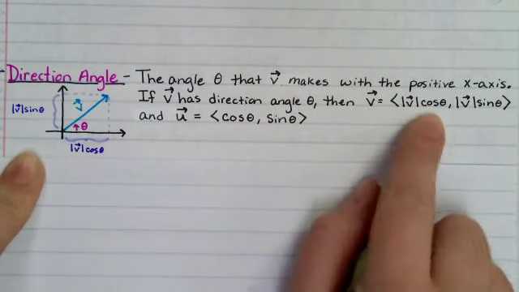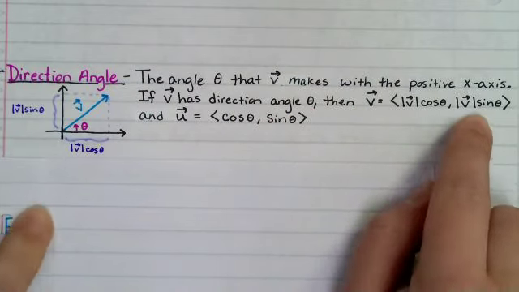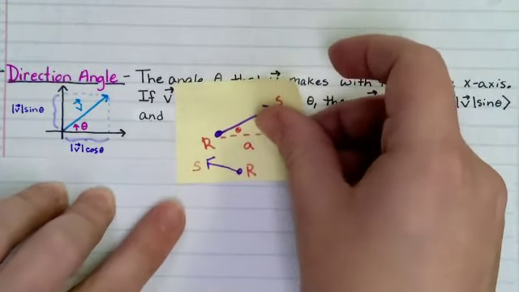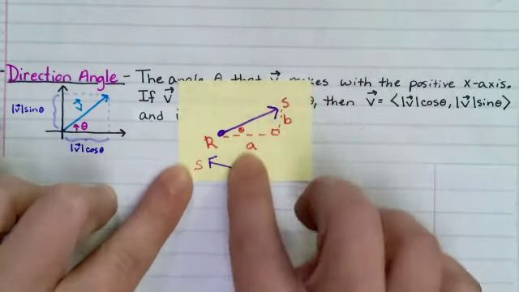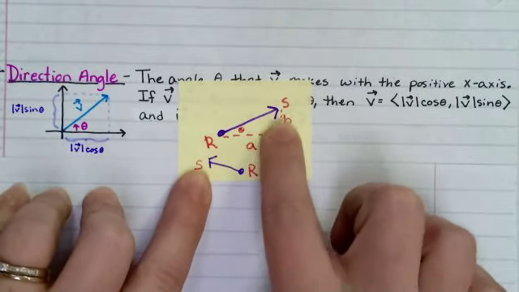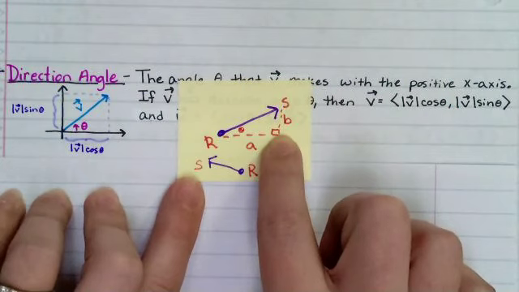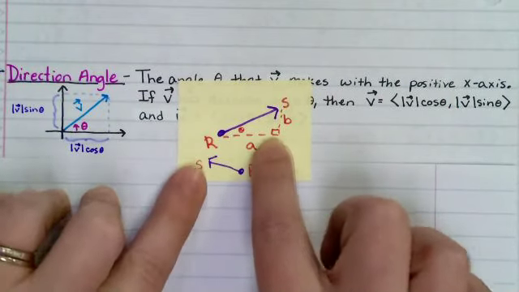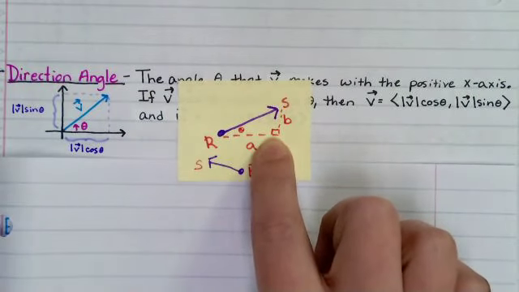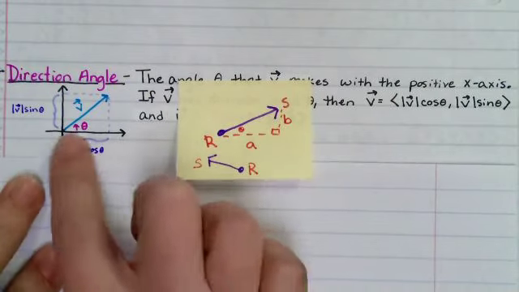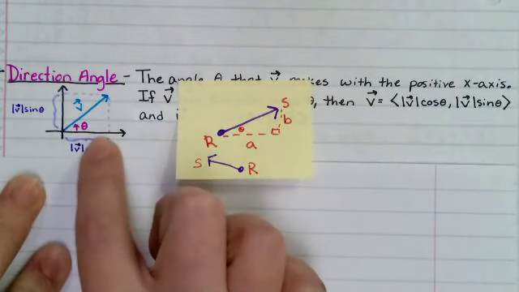So when I see here that it says if V has a direction angle of theta, then we have this relationship for the A and the B components. I want you to remember, from part A, that A is talking about this horizontal component, whereas B is talking about the vertical component. So think about where those values come from. This A value right here goes along with this x. If you were looking from here to here, that's an x.